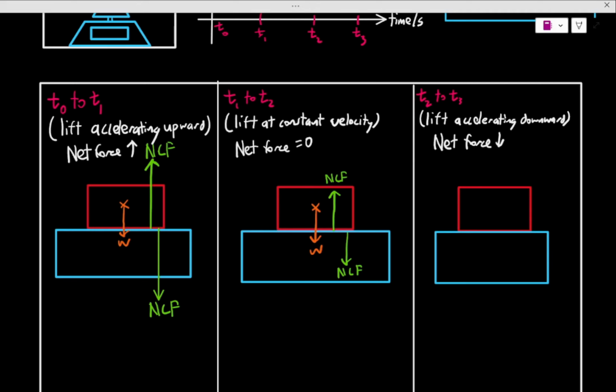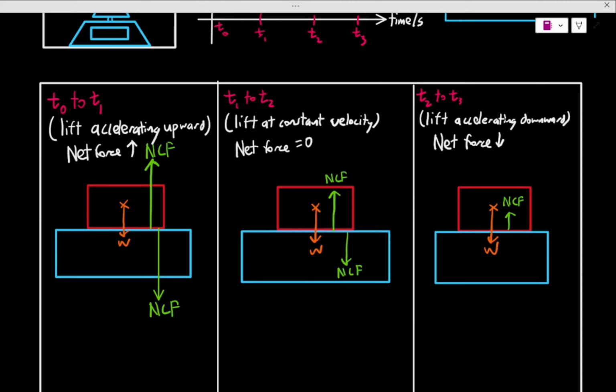Since there is a net force downwards, overall speaking, you will also have a net force downwards, and so all the downward forces acting on you should be greater than the upward forces acting on you. So your weight is unchanging. Your weight won't change unless you leave Earth, but your normal contact force would decrease. This is so that you can have an overall downward force.